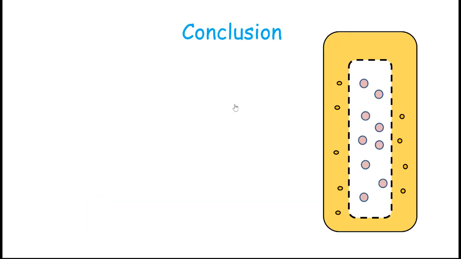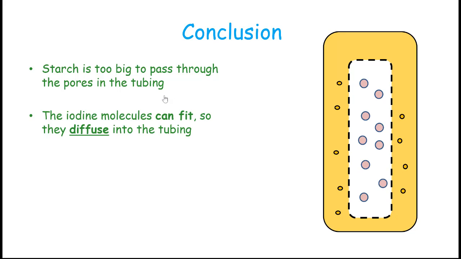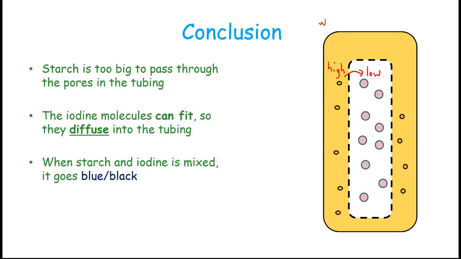Well, here's why. The starch is too big to pass through the little pores in the tubing. But the iodine molecules can fit, so they diffuse into the tubing. So they diffuse from an area where they are in high concentration to an area where they're in low concentration. When the starch and iodine are mixed, it goes blue-black.